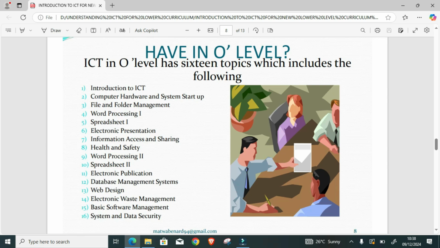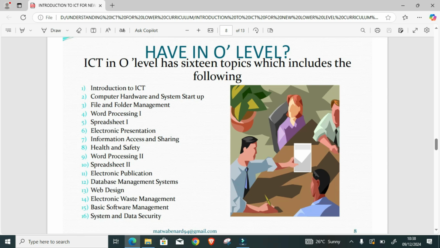I'm going to make a video of it, how to set up a computer system. File and folder management, word processing 1, spreadsheet 1, electronic presentation, information access and sharing, health and safety, word processing 2, spreadsheet 2, electronic publication, database management, web design.